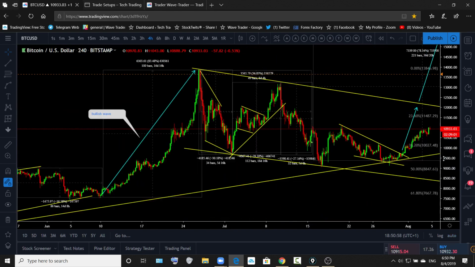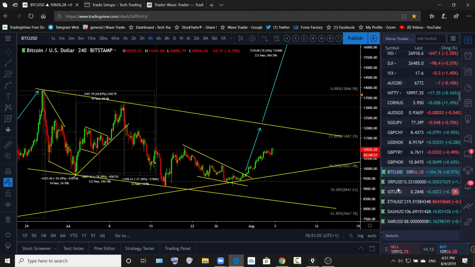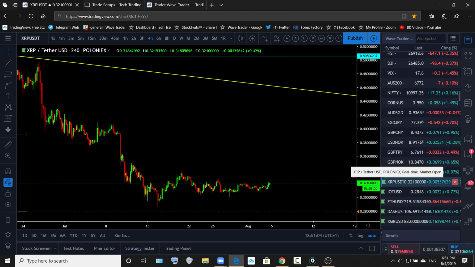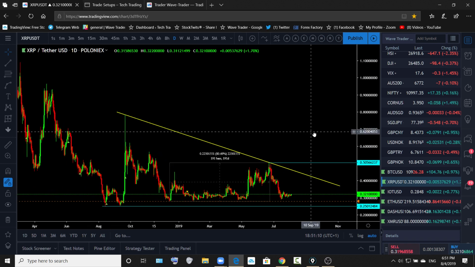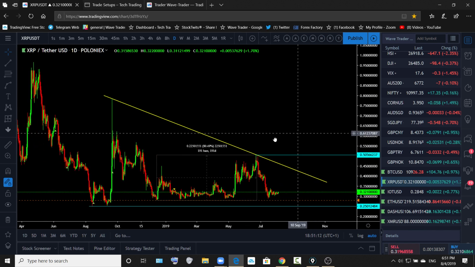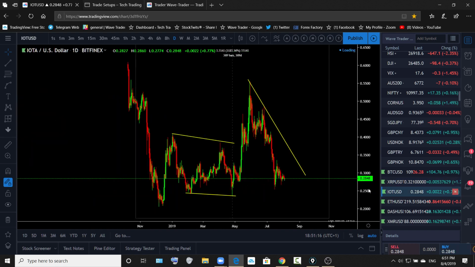Short to medium term, continuation to the upside. And the others are buys. These two are simple buy setups. They haven't changed a lot since last week. They are at the bottom. Ripple and IOTA buy from the 25 or the previous bottom.